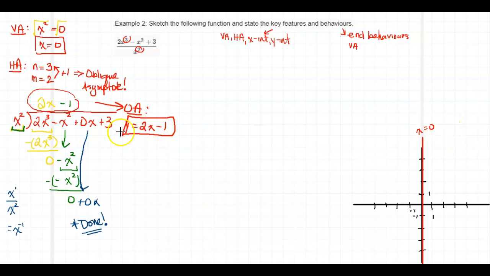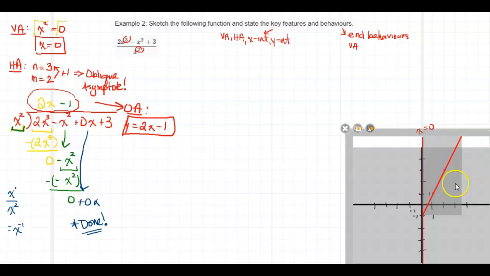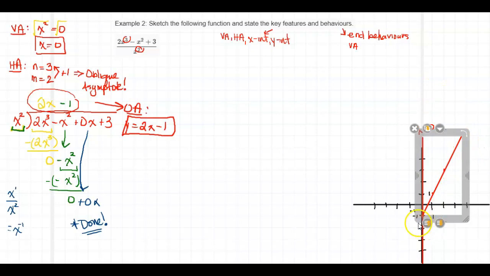My next one is to plot my oblique asymptote, or my slant or diagonal line, right? We have to remember how to plot a line. So we start at my y-intercept, my -1, and then I use my slope, which is my rise over run, so 2 over 1, just to figure out where I go from here. That means if it's 2 over 1, I go up 2 over 1, up 2 over 1. And that is going to be my oblique asymptote straight out of there. So let me see if I can extend it this way here.